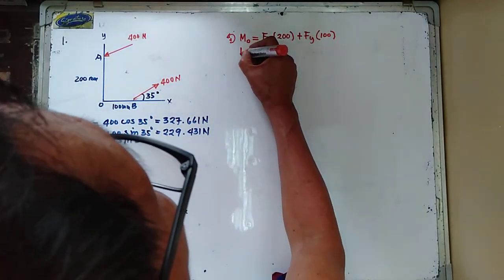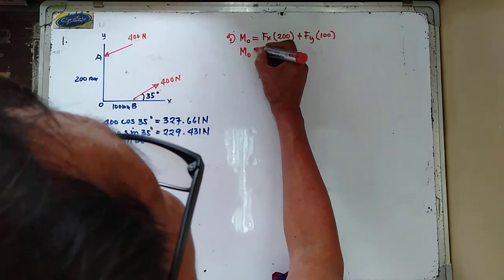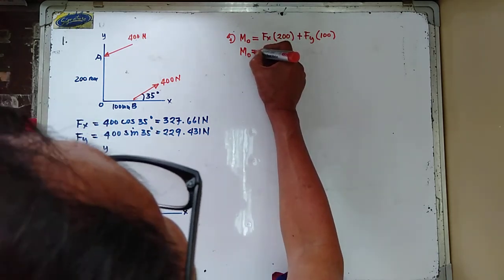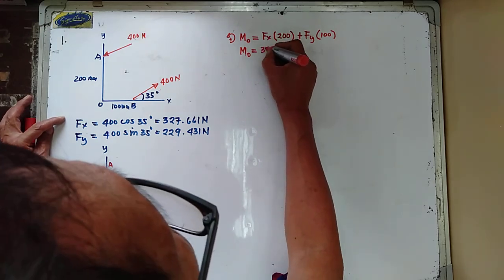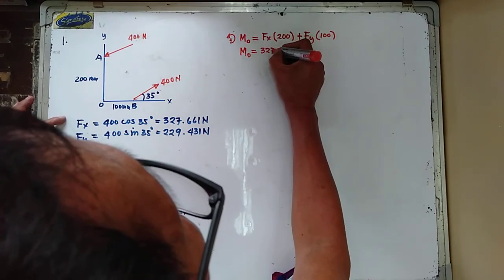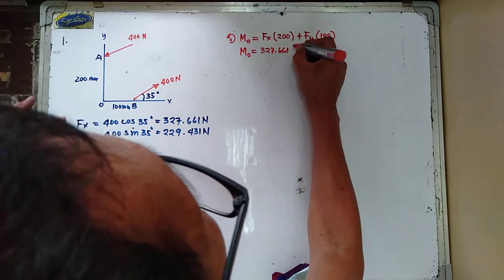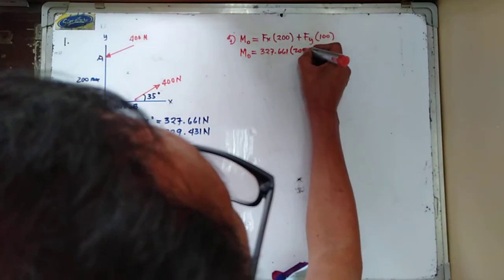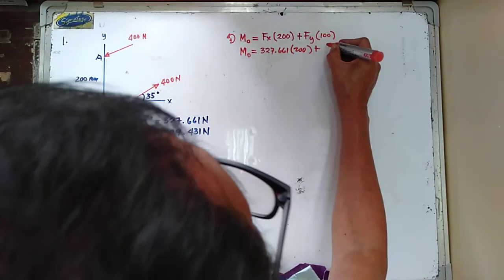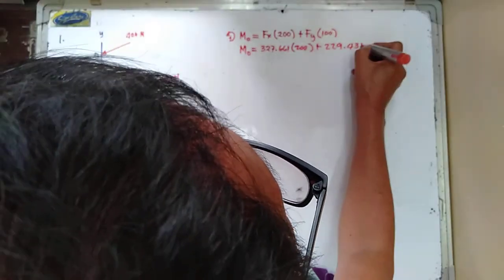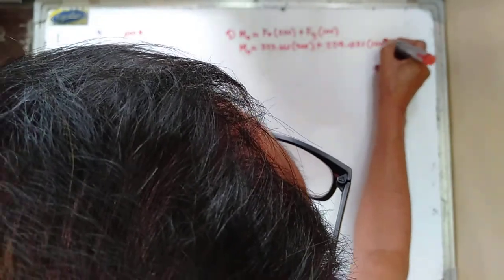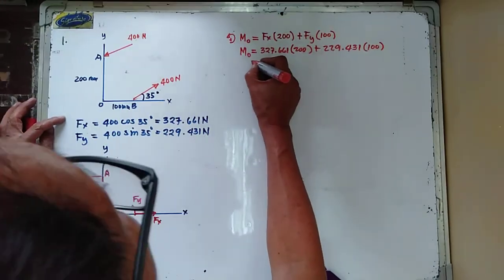And therefore, the moment produced by the couple: your Fx is 327.661 newtons times 200 plus 229.431 newtons multiplied by 100.